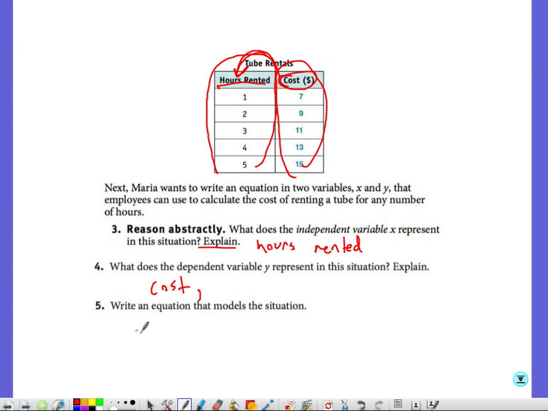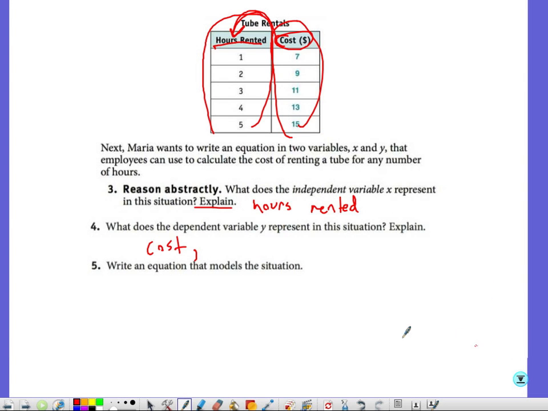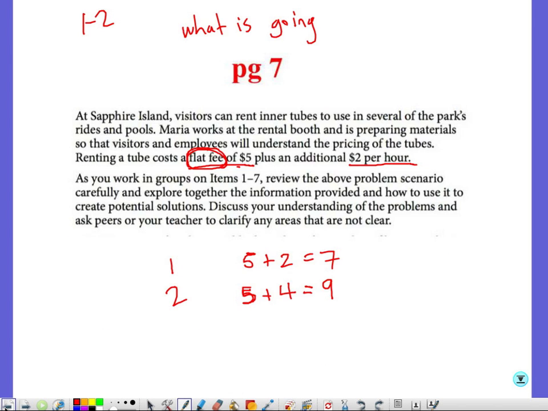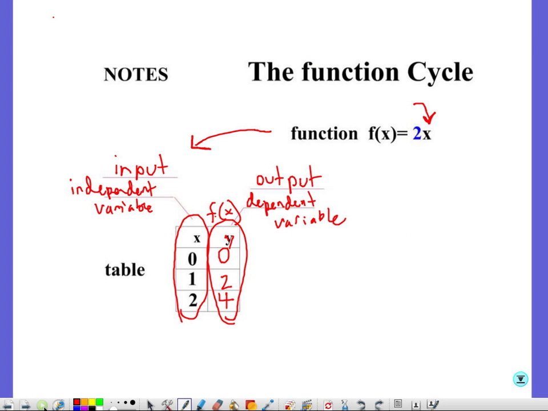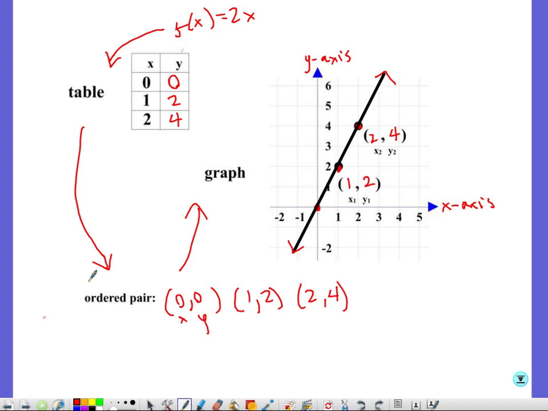Okay, number 5, write an equation that models this situation. Well, we can look back at our function cycle where we have the table, and from the table we can get the ordered pairs.